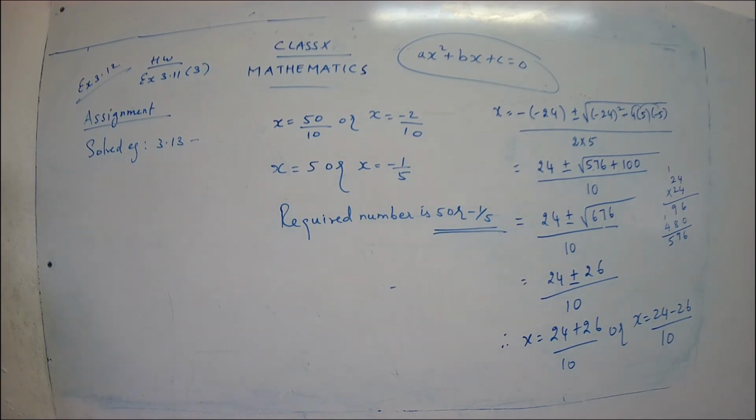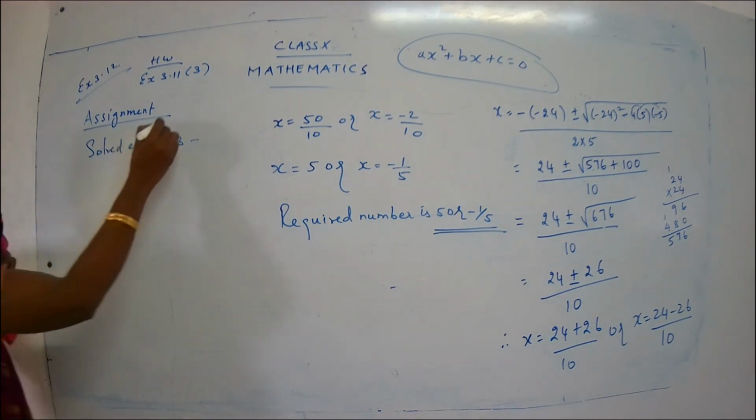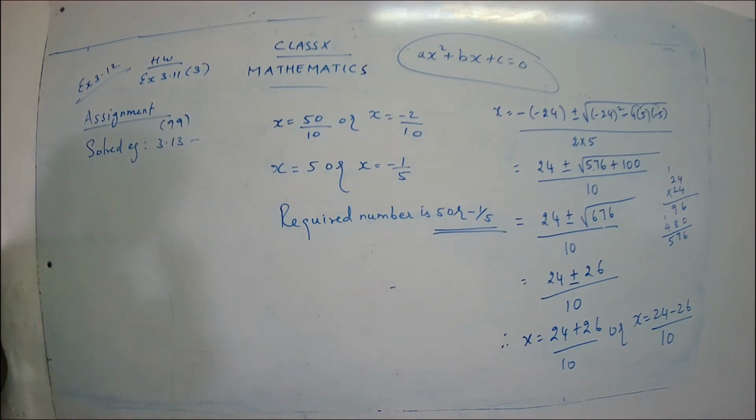And this is in page number 99, okay? So 3.13 you will do, 3.14 you will do, 3.15 and 16, 17, 18, 19, 20, 21 and 22 also you will do it, okay?